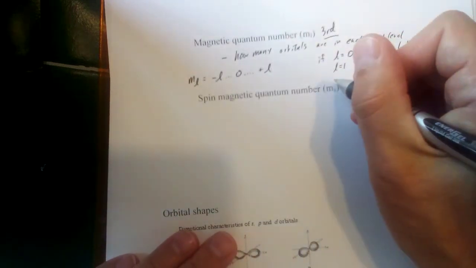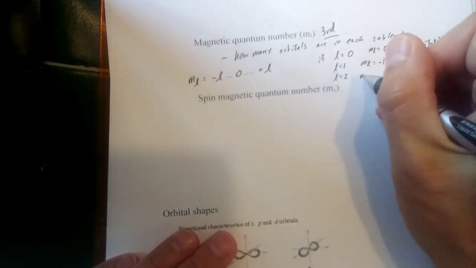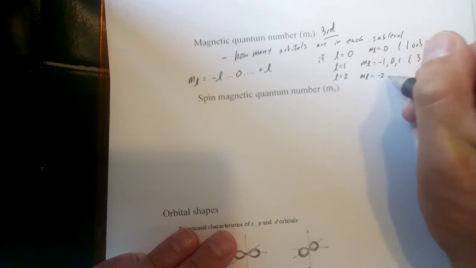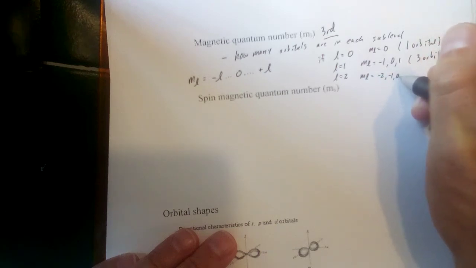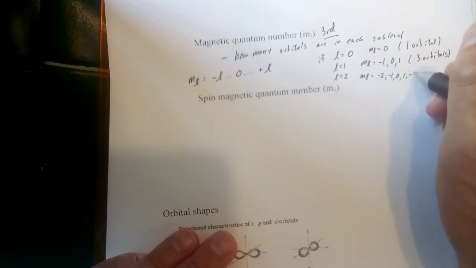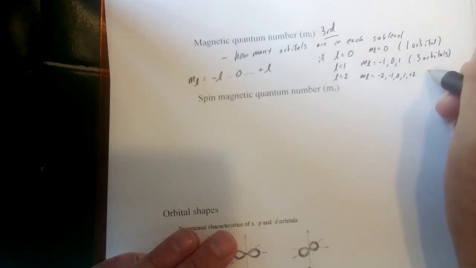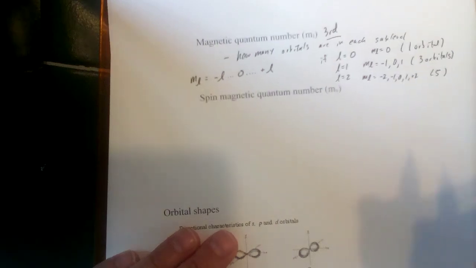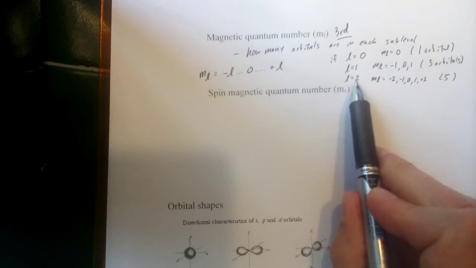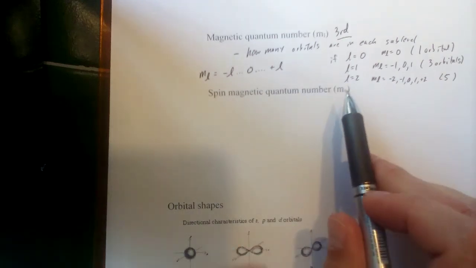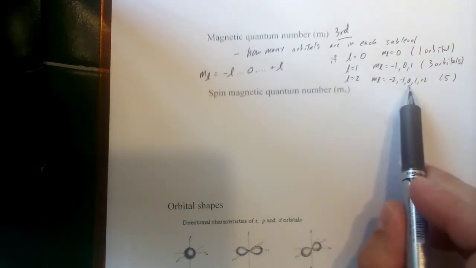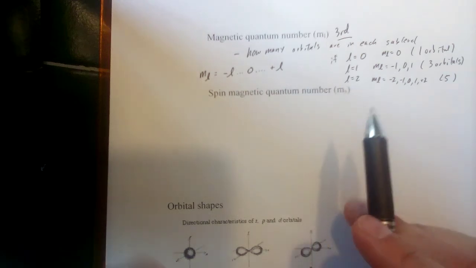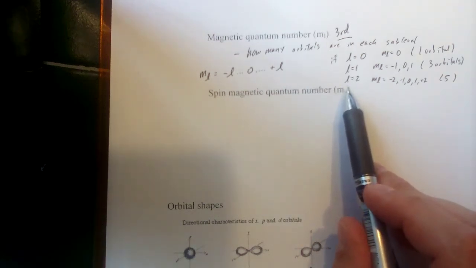And so on. There's a trend here as well. If L equals 2, m sub L now can spread from -2 through all of the integers up to +2. And that means there are 5 orbitals in every L equals 2 type sublevel, which is a d sublevel. So 5 orbitals in a d sublevel. When L equals 3, that is an f sublevel.